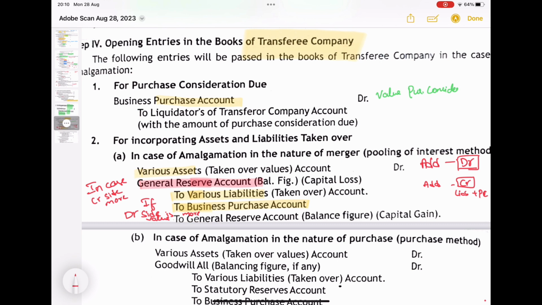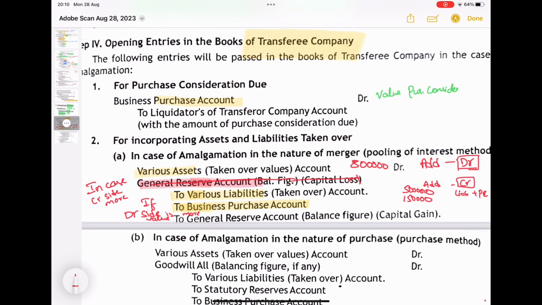If your debit side value is 8 lakh now, during that time this entry will not be there. So your total various assets and liabilities taken is 5 lakh and PC is 1,50,000.